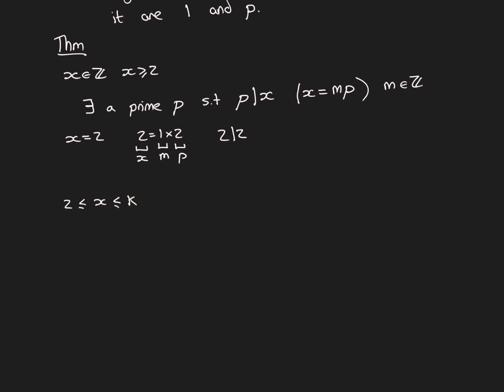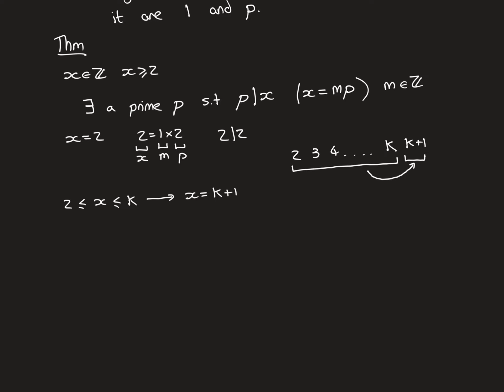We're going to assume it's true for all of those cases, and then show that it's also true for x equal to the next integer along. So just to show them all in line, we've got 2, 3, 4, all the way up to some integer k. These are the ones we're assuming it's true for, and we want to show that it implies it's true for the next one along, k plus 1.